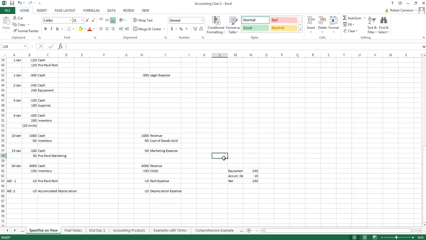Well, the idea is that equipment is such a big, costly, useful, purposeful thing that we want to have more information on it. We don't want to just say, oh, it depreciated over time. We want to keep track of how much we paid for it, how much we say we've used of it, and then how much is left over. So again, this is sort of to give people more information.